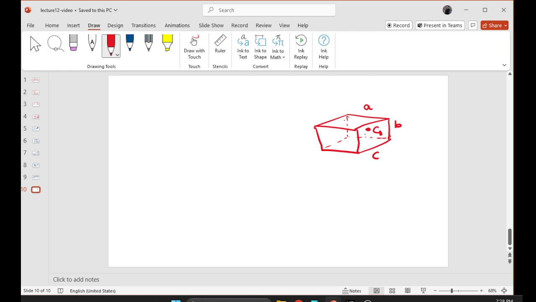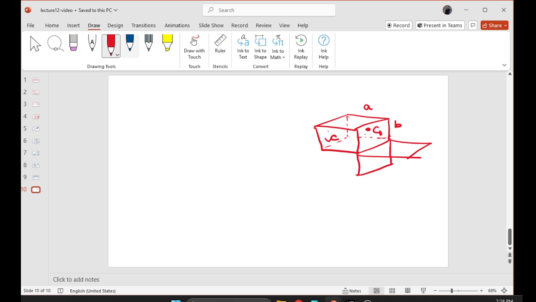Now, this cuboid is only a part of the rigid body of interest. Now here this c that I used is small c and it is representing the edge length.